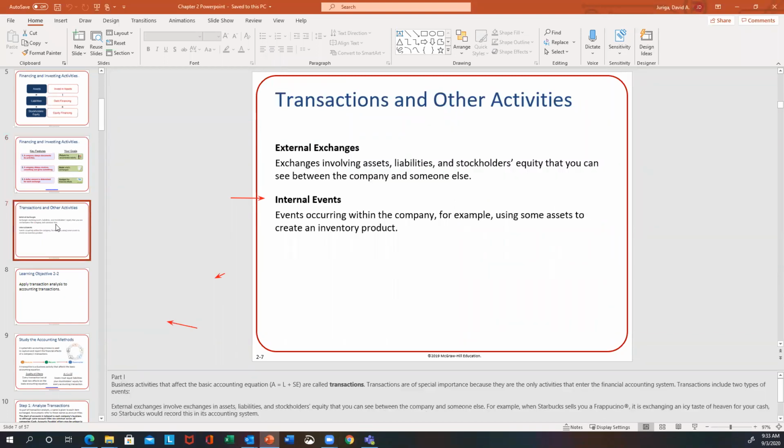We're going to look at some different transactions in terms of how they affect each of these items, whether it's assets, liabilities, or equity. And then, of course, we could have external events as well as internal events, specifically when we get to adjusting entries later on in the semester.